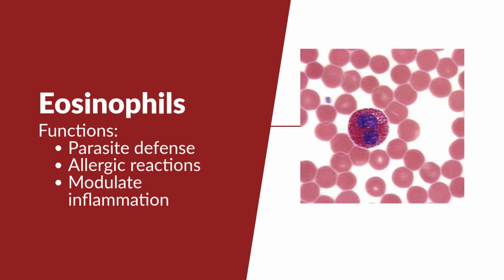That's a memory trick. And for the MLS test strategy, if a question mentions asthma, parasites, allergies, or elevated IgE, think eos. If you see orange granules or a bilobed nucleus, eosinophils should be your immediate go-to white blood cell. Here's a pearl again: eos granules are large, uniform, refractile, and easy to identify.